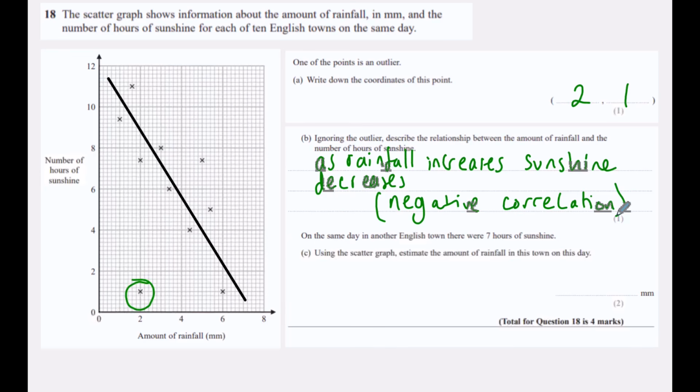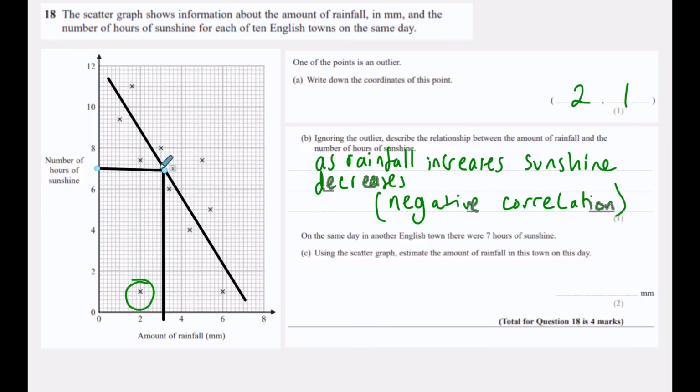On the same day in another English town, there were 7 hours of sunshine. Use the scatter graph to estimate the amount of rainfall on this day. So I've already drawn a line of best fit. So if there's 7 hours of sunshine, we would expect it to come in somewhere around there.